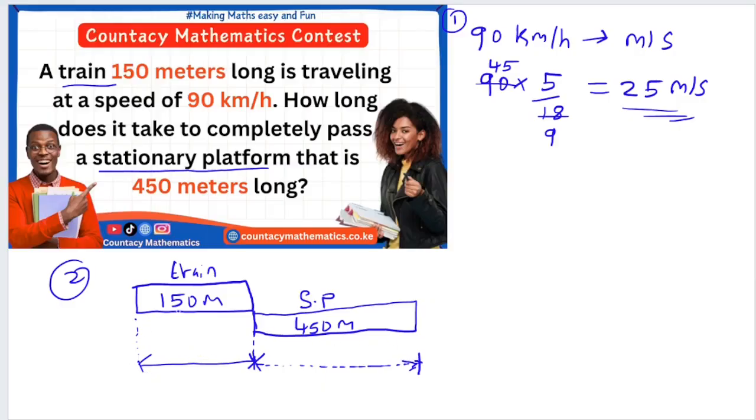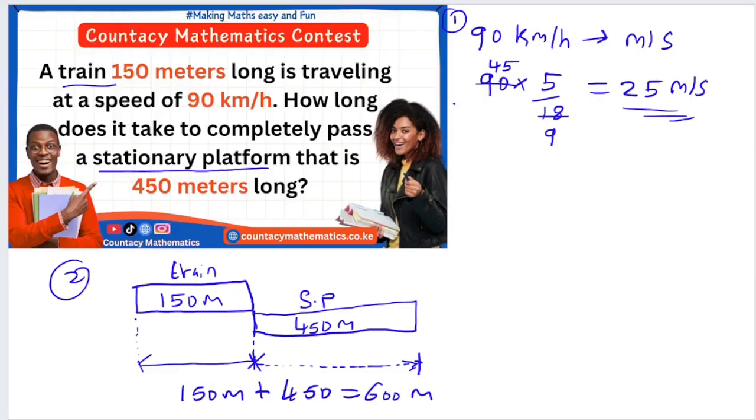Therefore, in total, it is supposed to pass over a distance of 150 meters and a distance of 450 meters. What do we get once we add 150 to 450? This is 500, this is 600 meters.